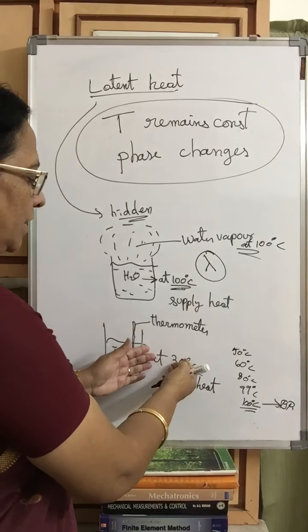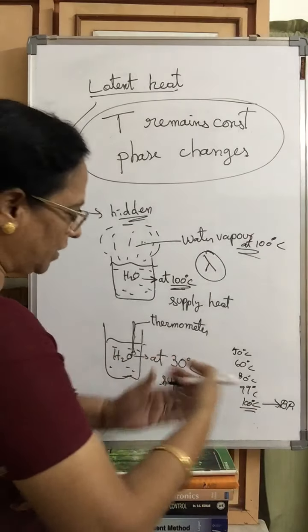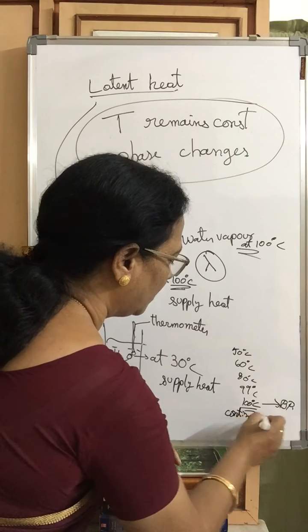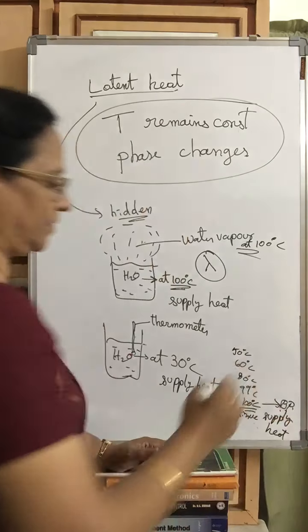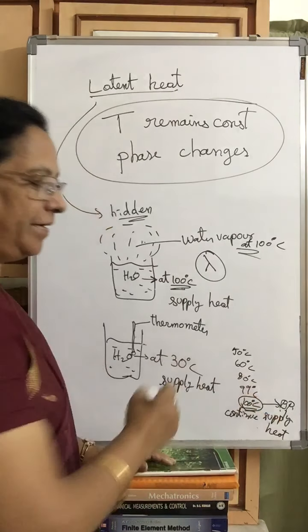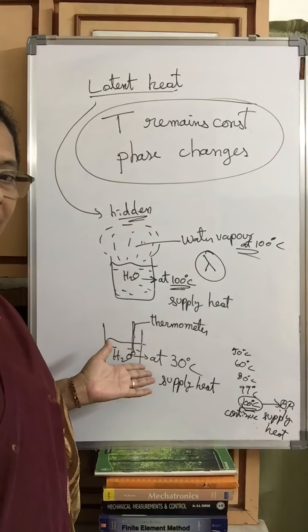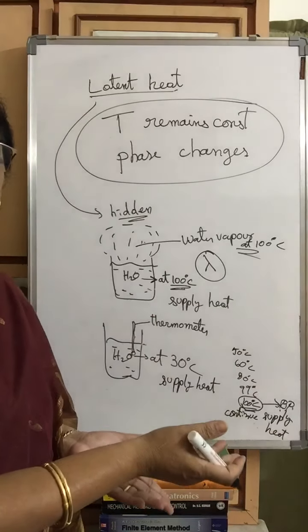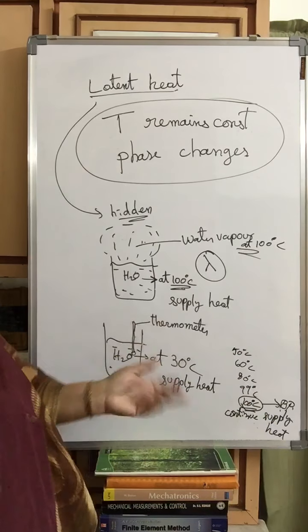You are supplying heat, the temperature is increasing up to 100 degrees centigrade. Now still continue to supply heat. What happens? You will not find any change from 100 degrees centigrade. You are supplying heat, but the thermometer will not show any rise in temperature. It remains 100. Then what is happening to that amount of heat we are supplying?